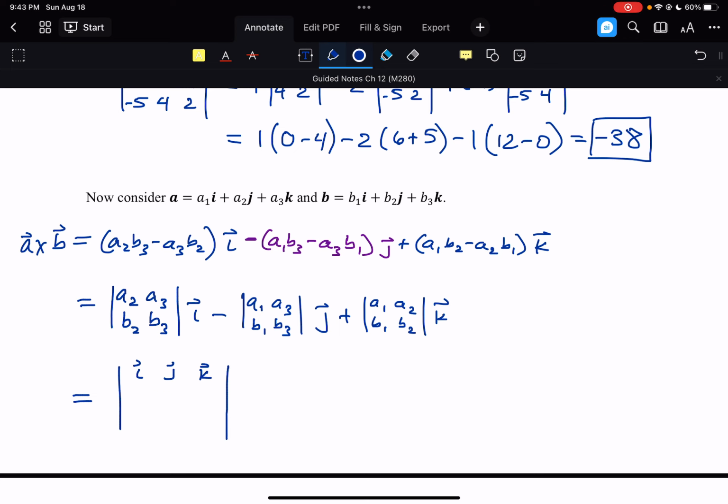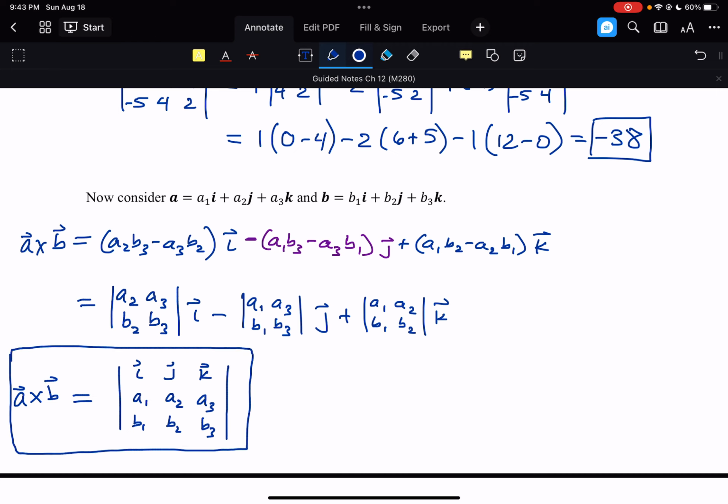And then from here we get A1, A2, A3, and B1, B2, B3. So this is A cross B.